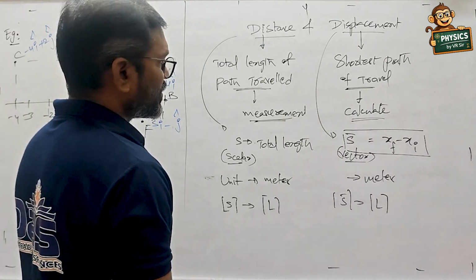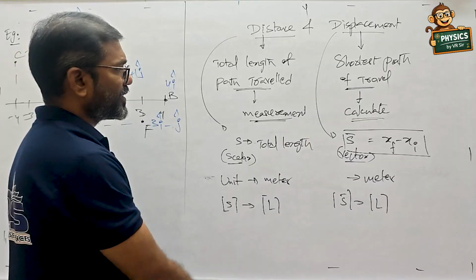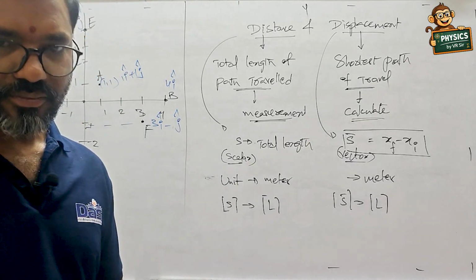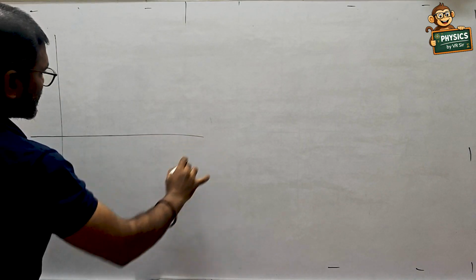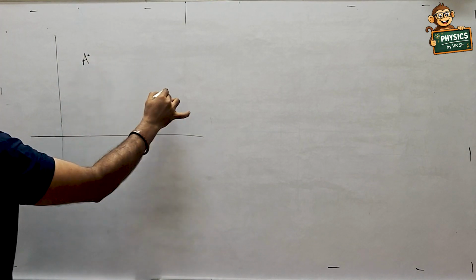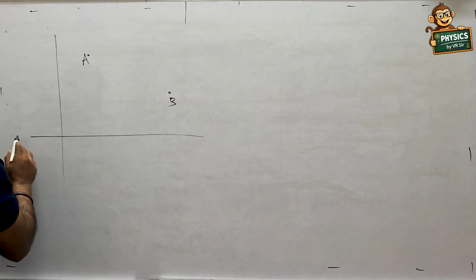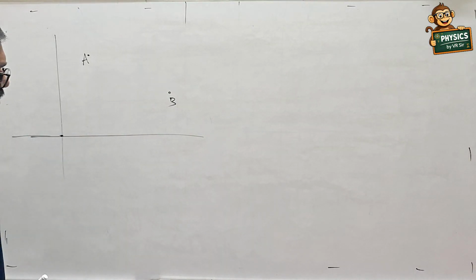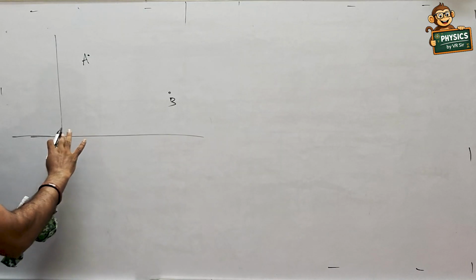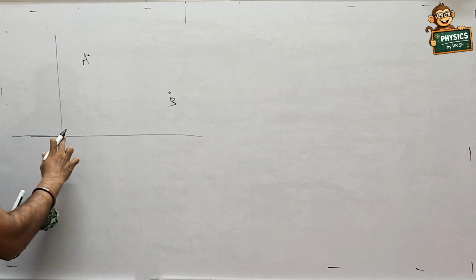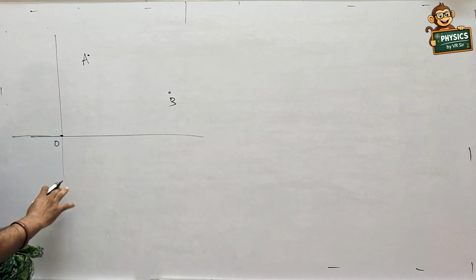So distance and displacement, now more detail we will see by taking examples. Suppose in this coordinate system, a person is moving from A to B. Of course I am leaving it to your idea. So whenever I mention this is a coordinate system, you should fix in your mind that it is positive x-axis, positive y, negative x-axis, negative y.